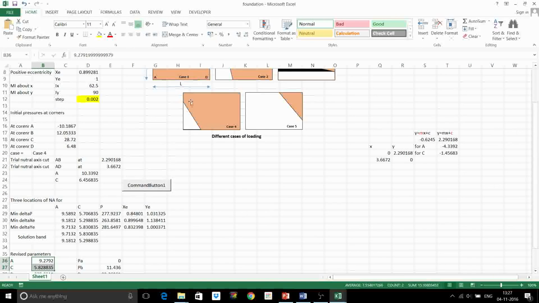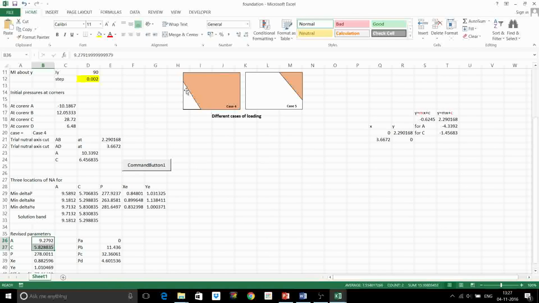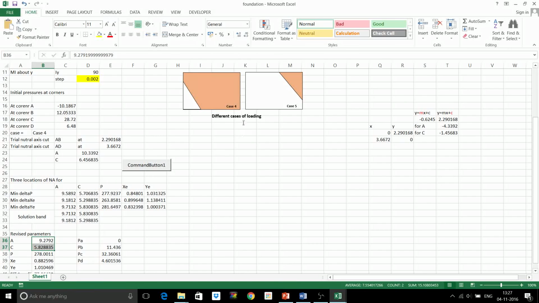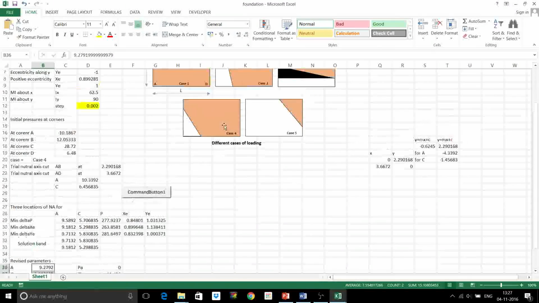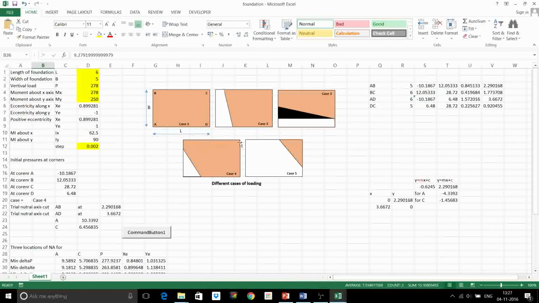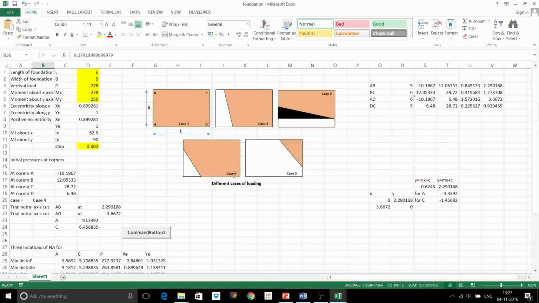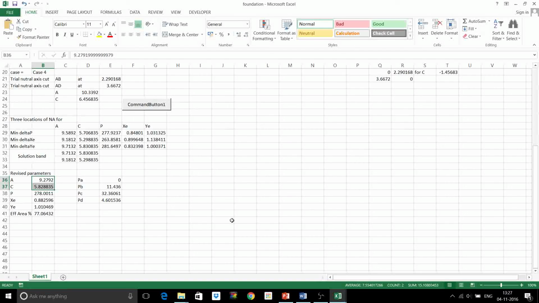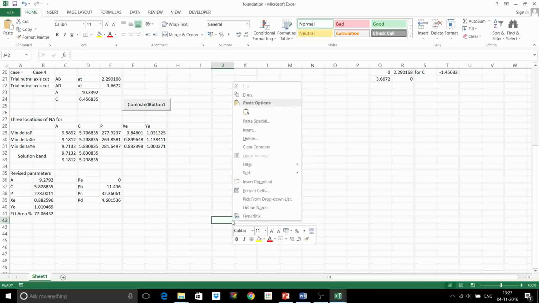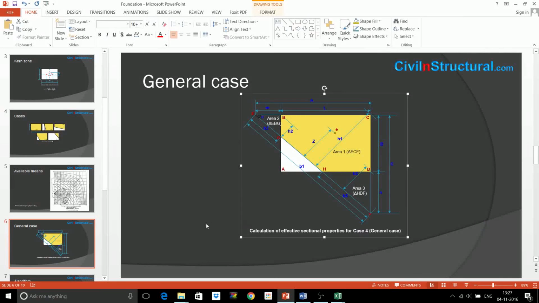Here in this case, if A is greater than L, then it is cutting to AB, and if C is greater than B, then it is cutting to AD, and if it is less, then it is cutting to BC and DC. And with the help of geometry, we can find out where it is actually cutting. So that's it. That is the programming we have successfully done. So conclude we can.